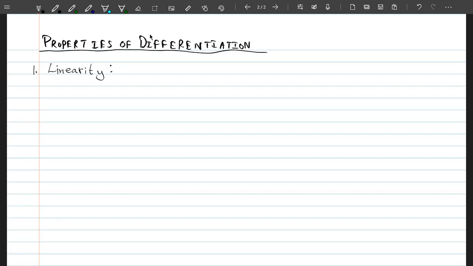So linearity in general means that if you have, in a simple case, a sum of many things and you're doing some operation on that, then it's enough to do the operation on each of those summands, that is each term in the summation, and then take the sum of all the results.